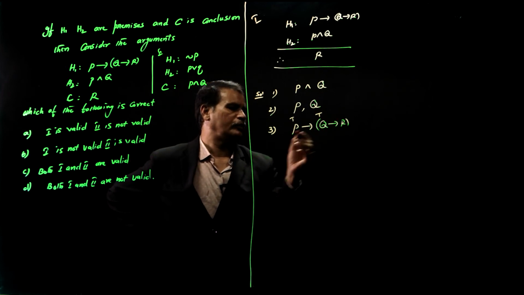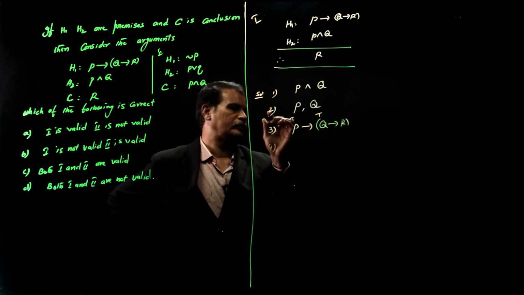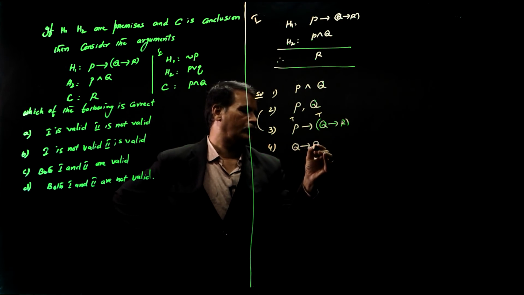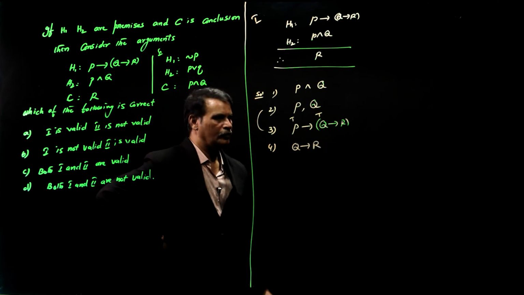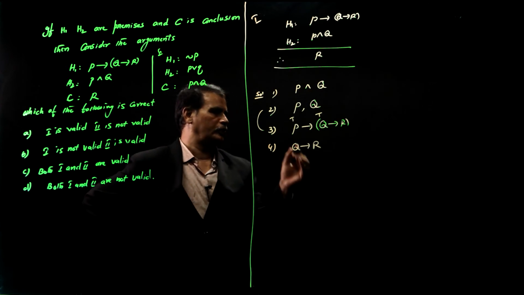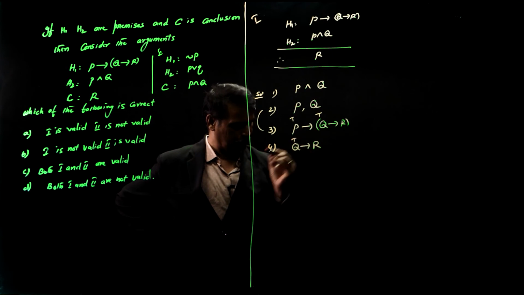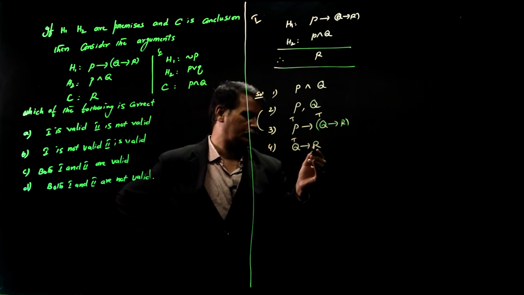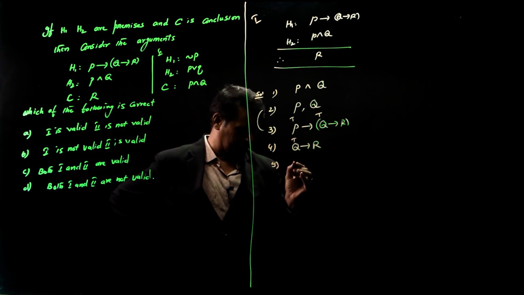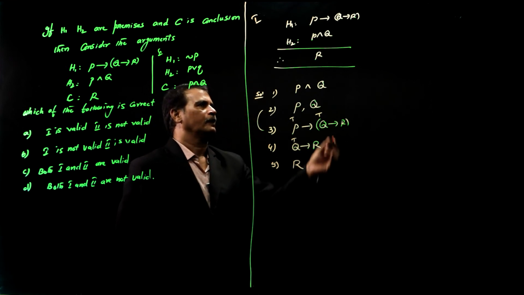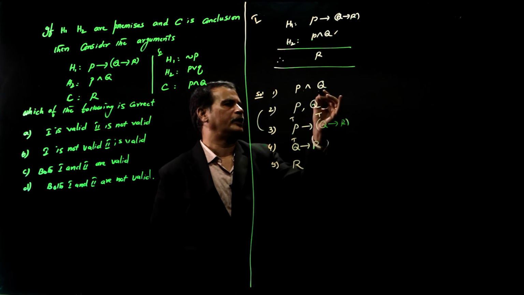So by using step 2 and step 3, what do I get? I know that Q implies R is true. By using these two, I get this. Next, I know the value of Q is true. Q is true means R should be true. Once again, take premise number 2, P and Q.